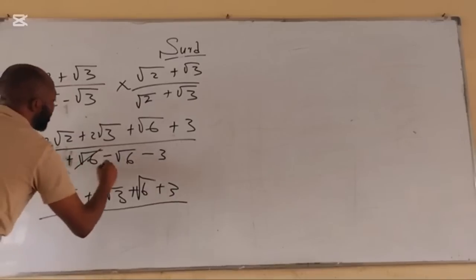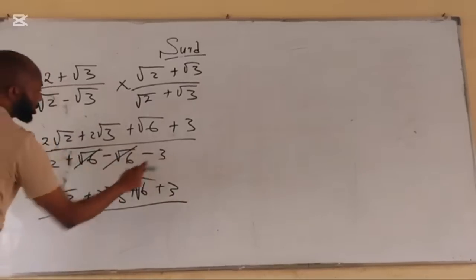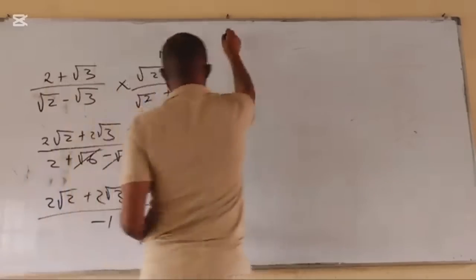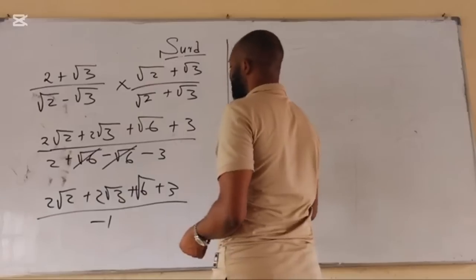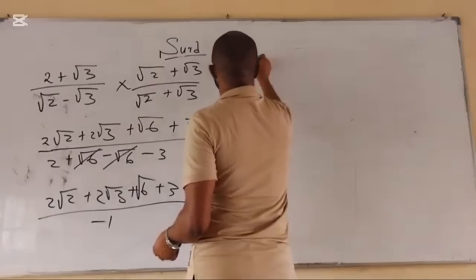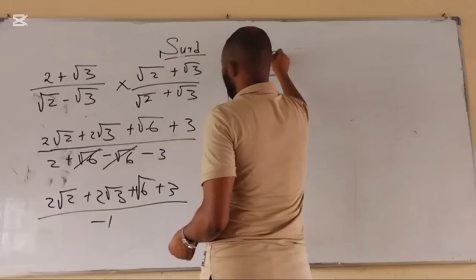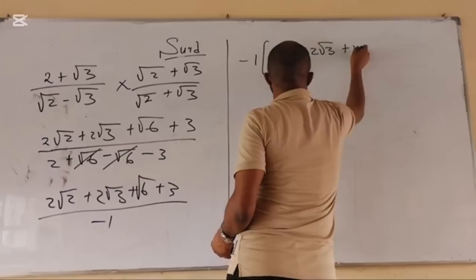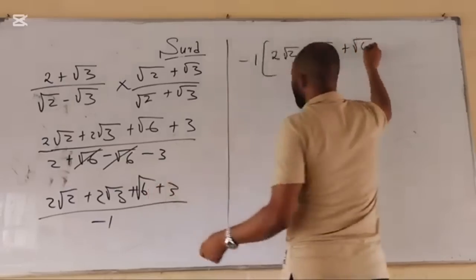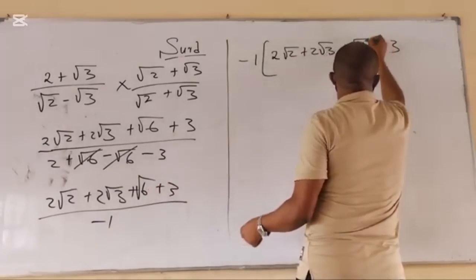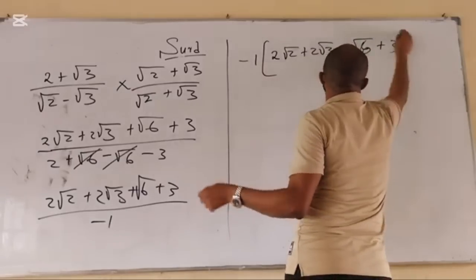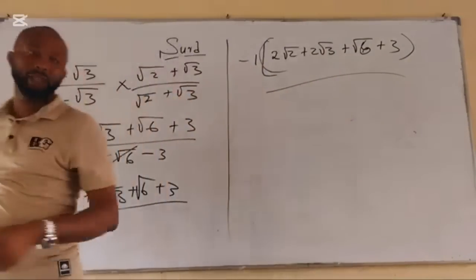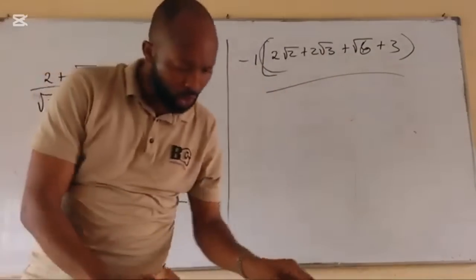These two will cancel out to become 0. 2 minus 3 is minus 1. So I can easily say I have minus 1 times 2 root 2 plus 2 root 3 plus root 6 plus 3 as my answer. Or better still, we leave it like this, whichever we choose to deal with.